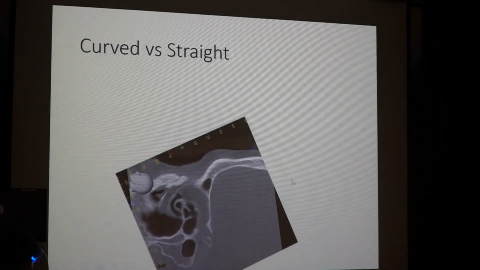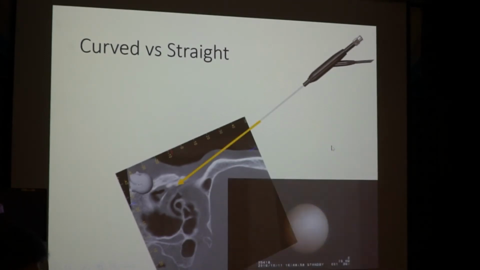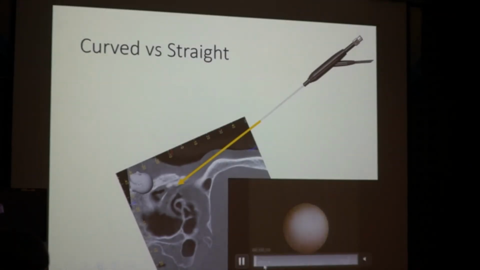In this slide, I can show you the difference of the visual direction between the curved probe and the straight probe. This is an example of focal nasolacrimal duct obstruction. As you can see, we can see the contrast medium in the lacrimal sac, and the air is coming into the nasolacrimal duct here. So the blockage is just focal here. In this case, when using the straight probe, the duct visualization is like this.